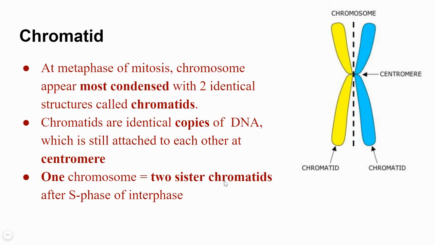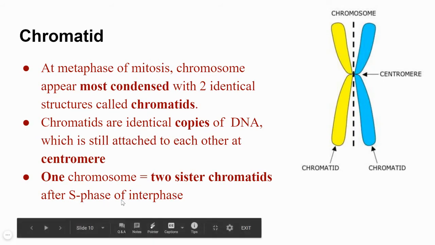At this stage, our chromosome consists of 2 identical structures called chromatids, and each chromatid is a DNA copy of the other. They are exactly the same, but they are still attached at a point called the centromere. That means at metaphase, our chromosomes contain 2 DNA molecules at a time, attached at one point, and therefore they are considered as one chromosome.